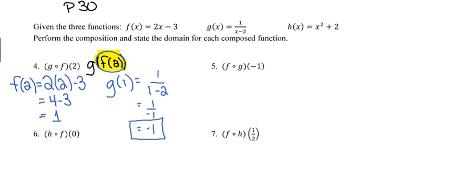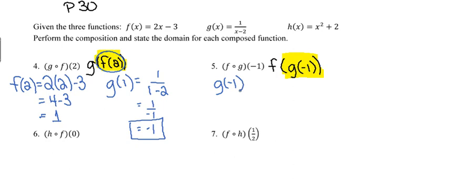And again, I'm going to rewrite this using my parentheses notation. This says to find f of g of -1. And again, once I write it in this format, mathematicians always start within the parentheses, so that tells me that my starting place for this composition is going to be to find g of -1.